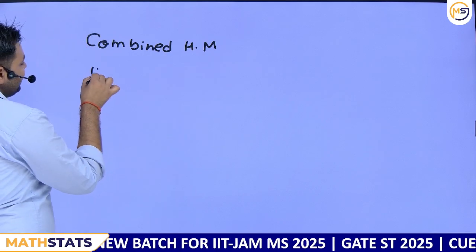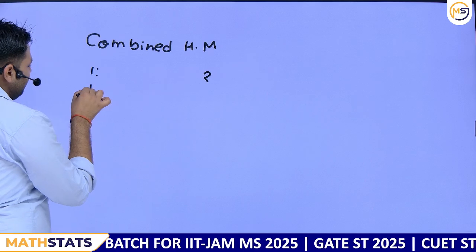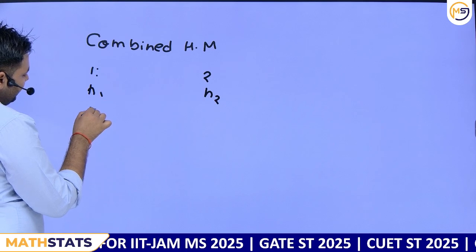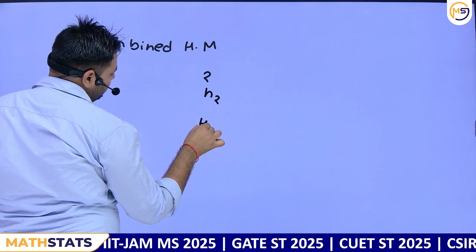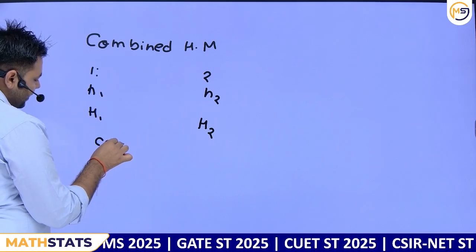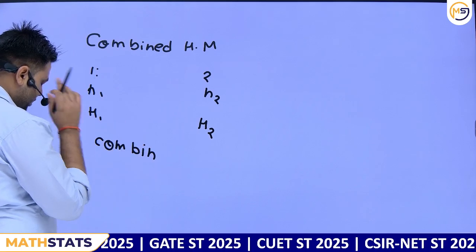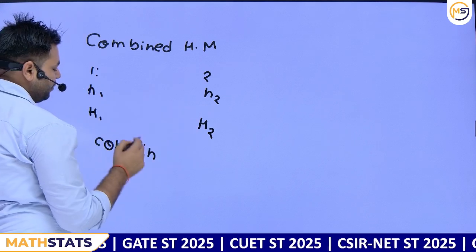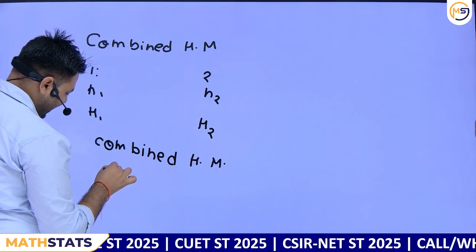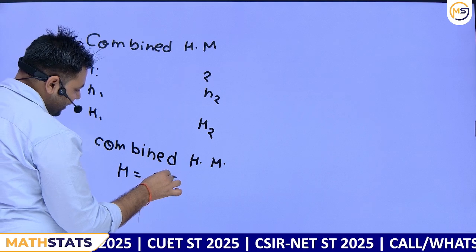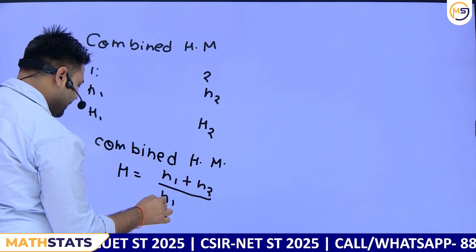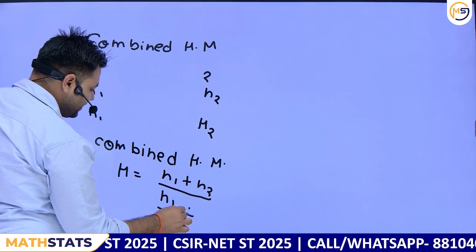Suppose we have a first series and a second series. The first has n1 numbers, the second has n2 numbers. The harmonic mean of the first is h1 and of the second is h2. So the combined HM, capital H, equals n1 plus n2 divided by n1 by h1 plus n2 by h2.